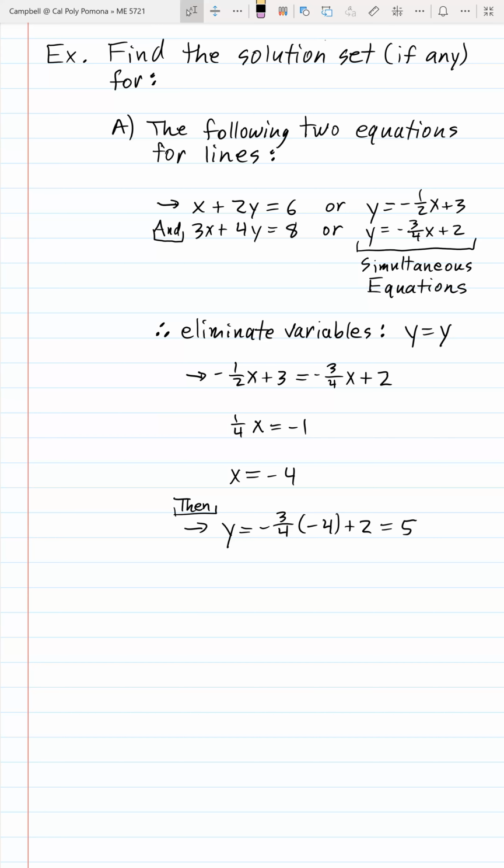I could have, though, if I elected to, worked with the equations directly. I could have multiplied by a constant all the way through. I could have added one equation to another or subtracted one equation from another, provided that I did it throughout the entirety of the equation. And I could have used that as a way to eliminate a particular variable if I'd wanted to.